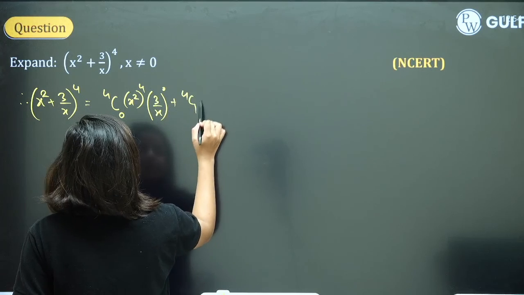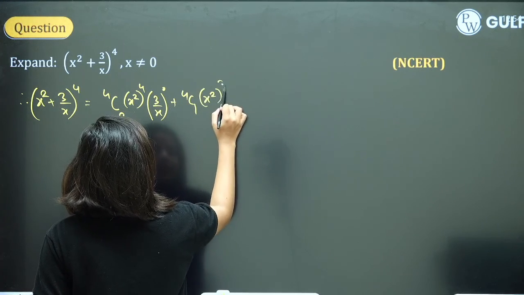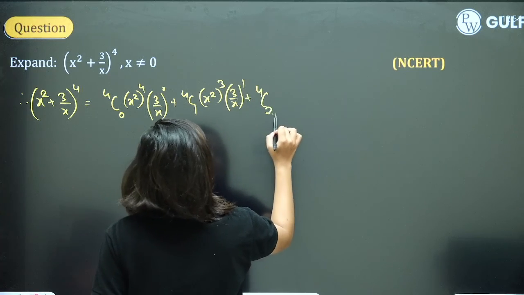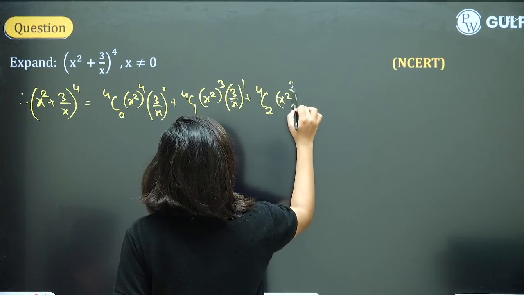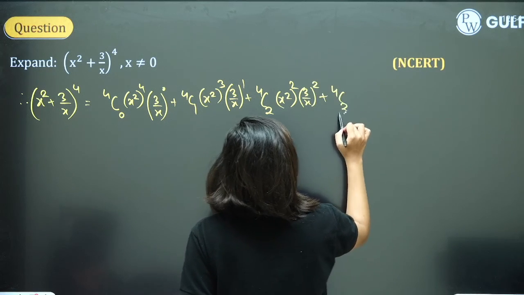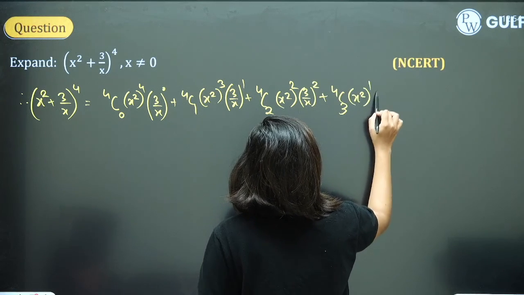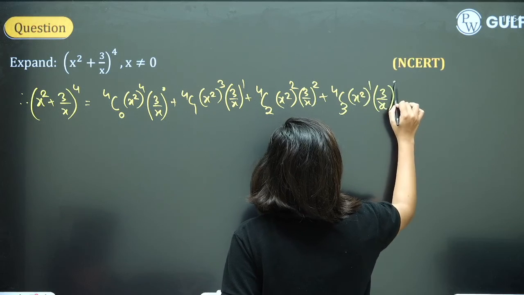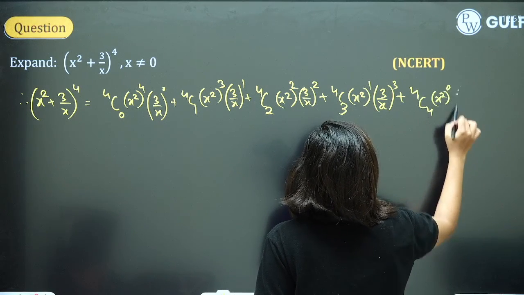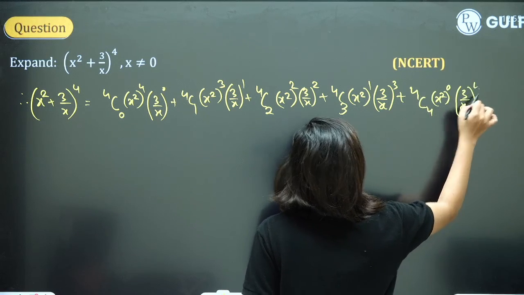Then 4C1, first term raised to 4 minus 1, 3, second term raised to 1. 4C2, first term raised to 4 minus 2, 2, second term raised to 2. 4C3, first term raised to 4 minus 3, 1, second term raised to 3. And lastly, 4C4, first term raised to 4 minus 4, 0, second term raised to 4.